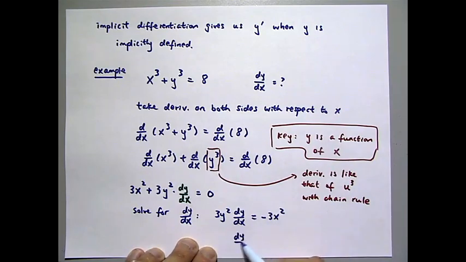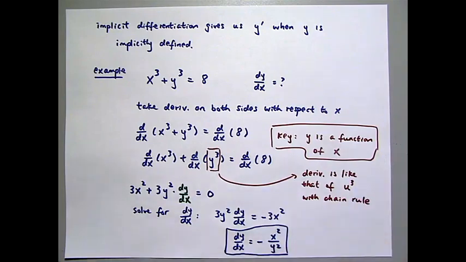So dy dx must be equal to negative x squared over y squared. Okay?